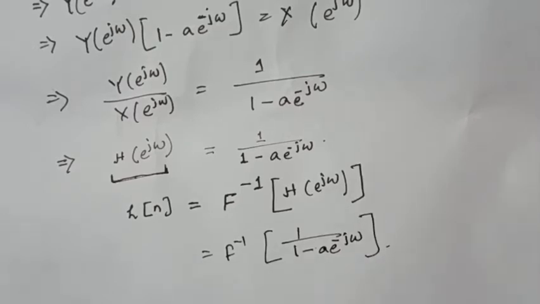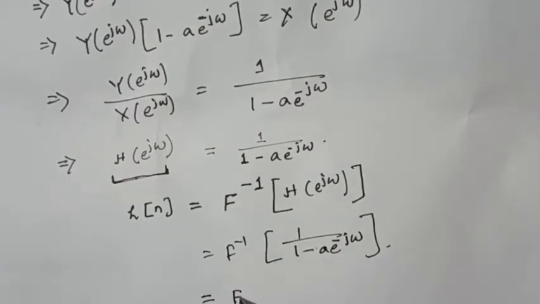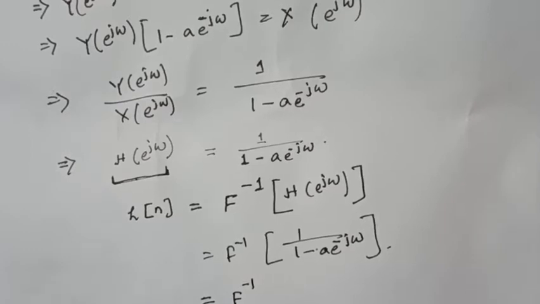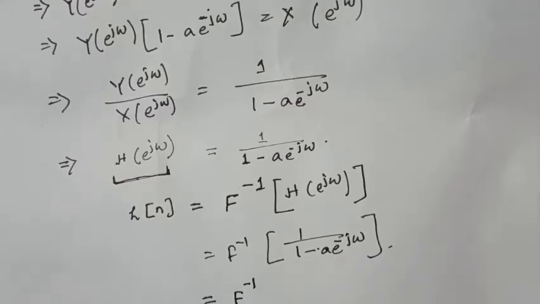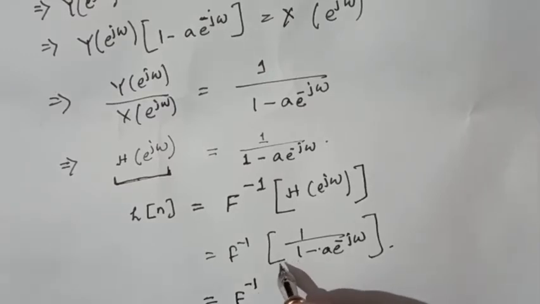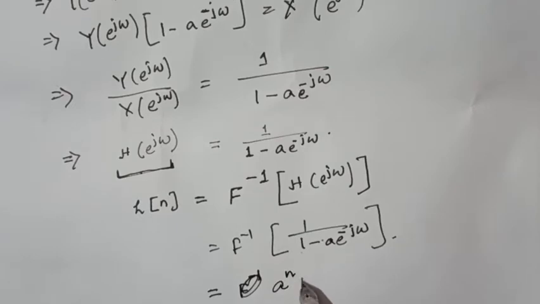Okay, and by definition we can easily find that this is a to the power n u[n], because if we look at a to the power n u[n], the DTFT of a to the power n u[n] is nothing but 1 by 1 minus a e to the power minus j omega. So if we do the inverse of this, then it is nothing but a to the power n u[n].